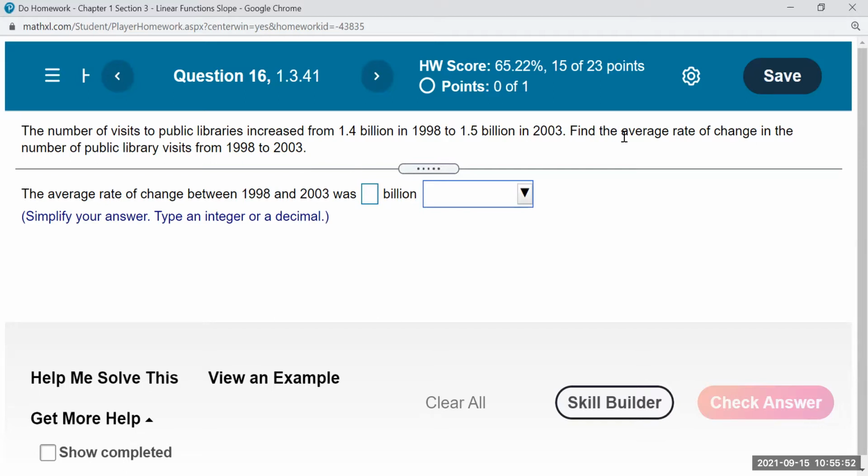Here's your clue. Whenever you see the words average rate of change, what does it mean? Slope. Average rate of change simply means slope.